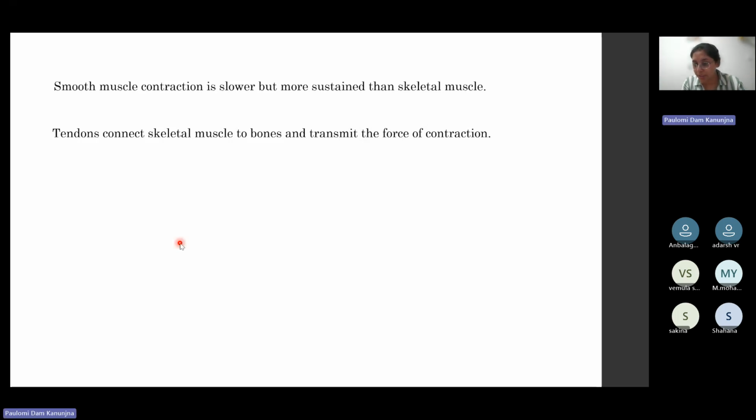True. Both the statements are true. Yes. Okay. Anyone else? Others? Okay, true.